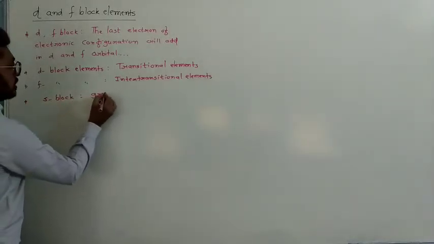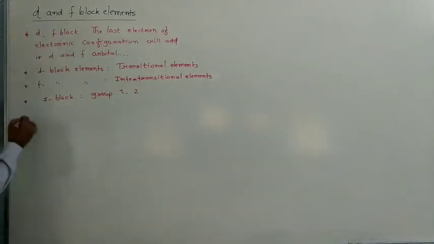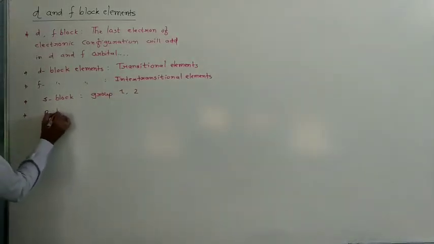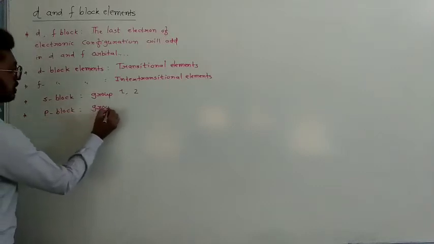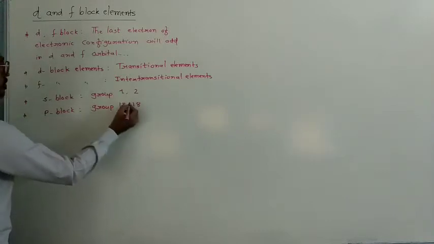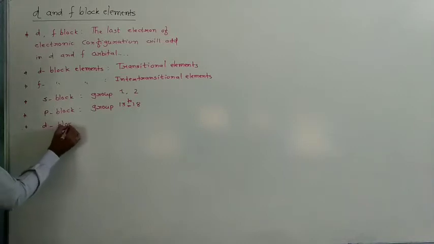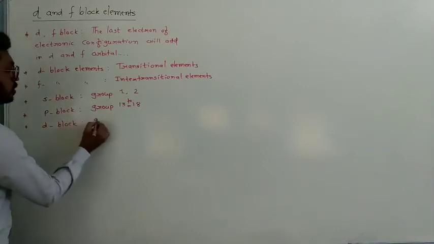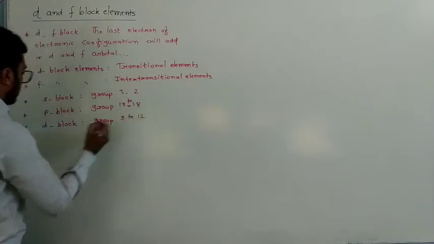Okay, we know that in S block, group numbers 1 and 2 are from S block. P block has group numbers 13 to 18, and D block has group numbers 3 to 12.